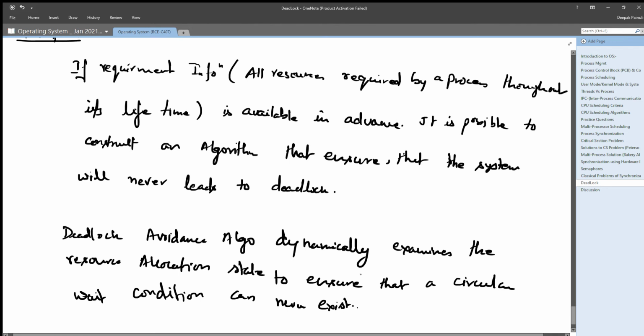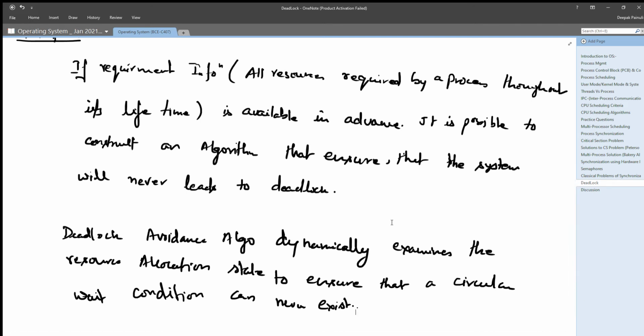That means the deadlock avoidance algorithm is simply examining the resource allocation state to ensure the circular wait condition can never exist. What it means is you are breaking one of the conditions, which is circular wait, so that you can never get a deadlock condition, right?